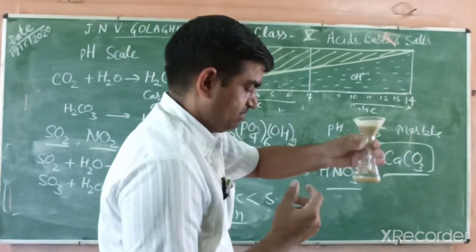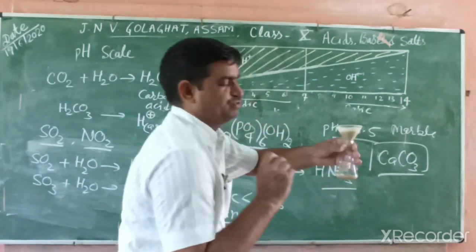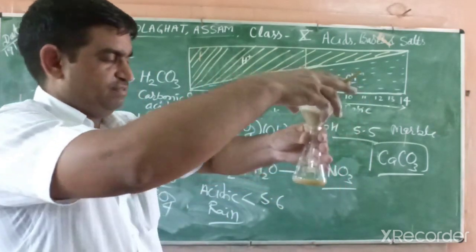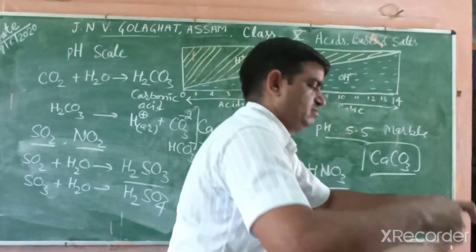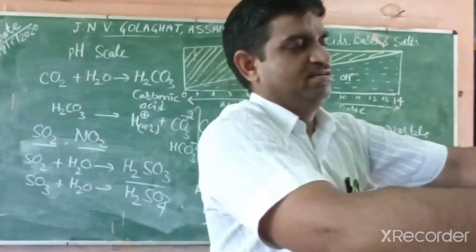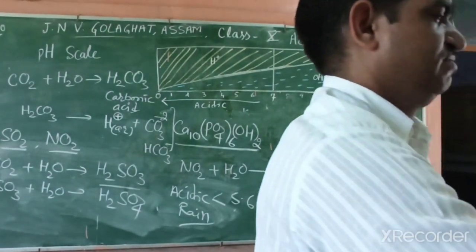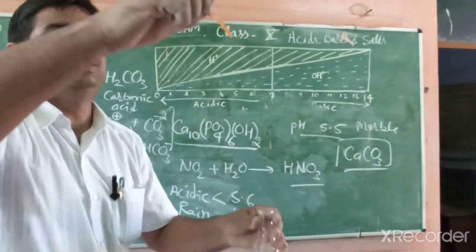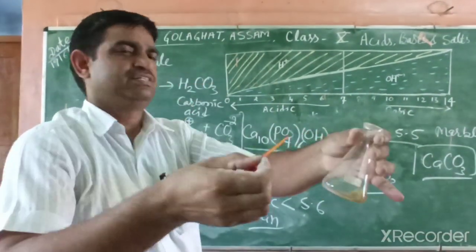Why do we check? Because plants grow easily in a neutral solution. To check this solution, we put a drop. This soil is slightly acidic.